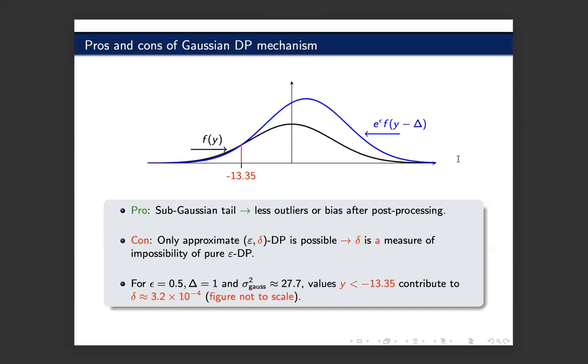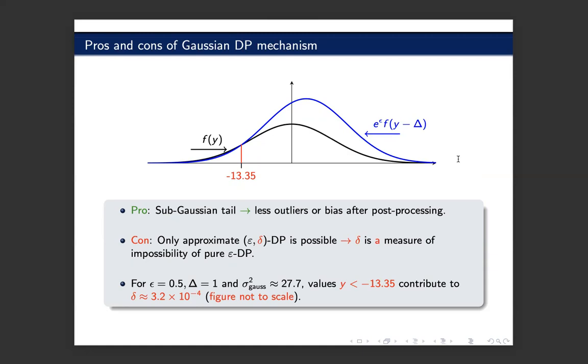And we know that Gaussian has good sub-Gaussian tails, so much fewer outliers and less bias after post-processing. However, as I just mentioned, this delta factor is something that is bothersome. How to compute delta: I will zoom into this area, but essentially you have to compute the area under the difference of these two curves when one goes under the other by a factor of e to the epsilon, when you have scaled it already.